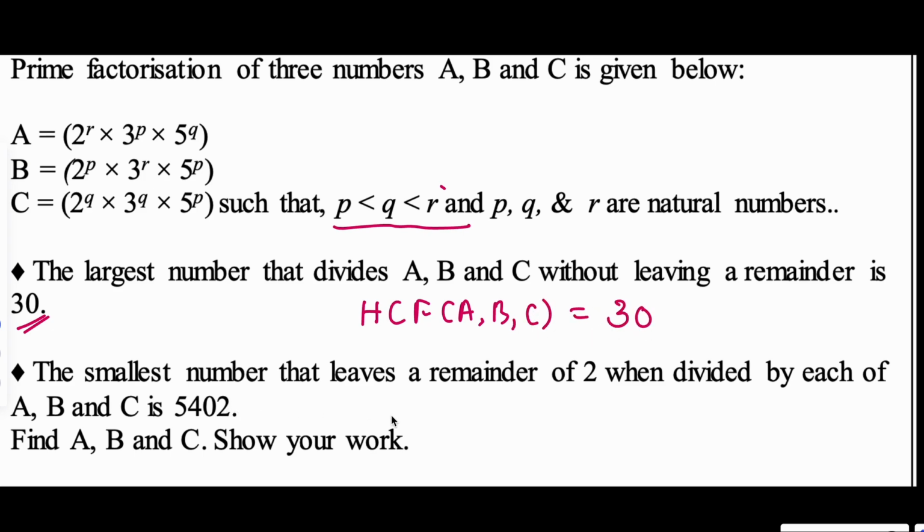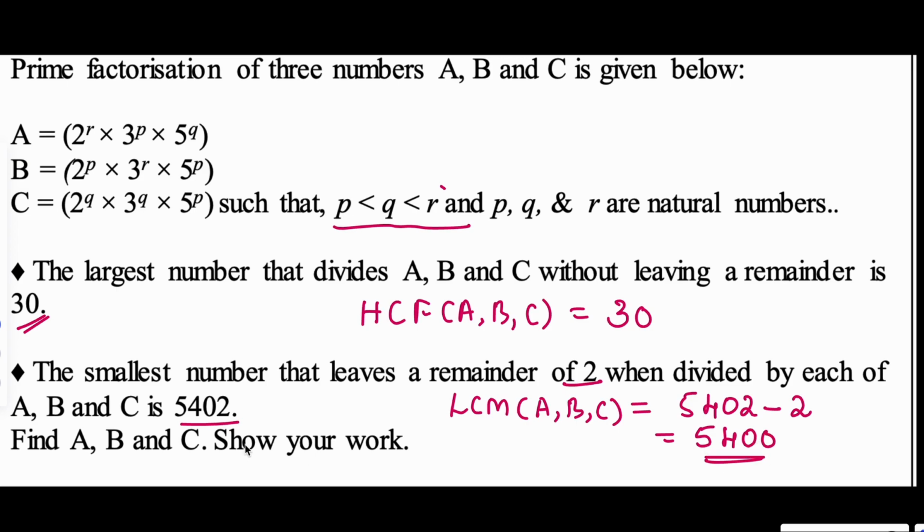Next, the smallest number that leaves the remainder 2 when divided by each of A, B, C is 5402. Here LCM of A, B and C will become 5402 minus 2, that is equal to 5400. Now we want to find out A, B and C.